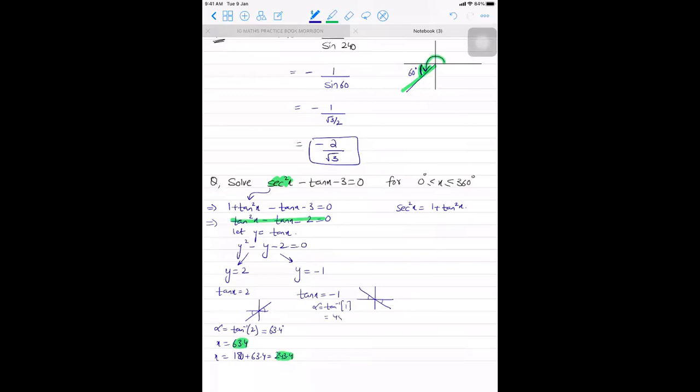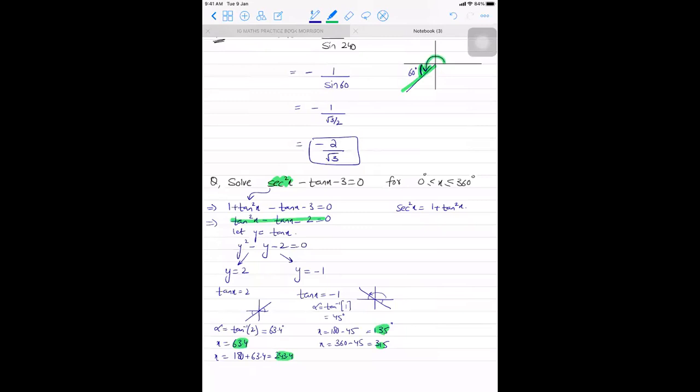So the first angle is going to be 180 minus 45 and the next angle is going to be 360 minus 45. That is 135 and 315. So these are the solutions to this equation secant squared x minus tan x minus 3 equals to 0: 63.4, 135, 243.4 and 315.